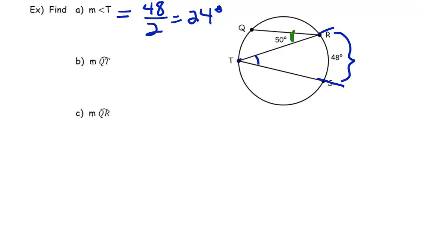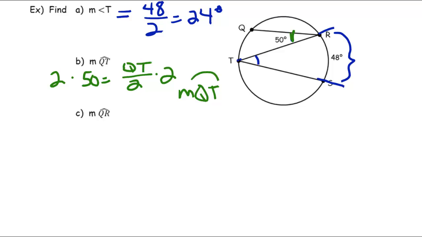And if we want to keep writing in that way, we would say the angle measure equals QT, that's what I'm solving for, divided by 2. And so how would we solve for QT? We would multiply by 2. And so the measure of QT, the arc, is 100 degrees. That is the arc measure.